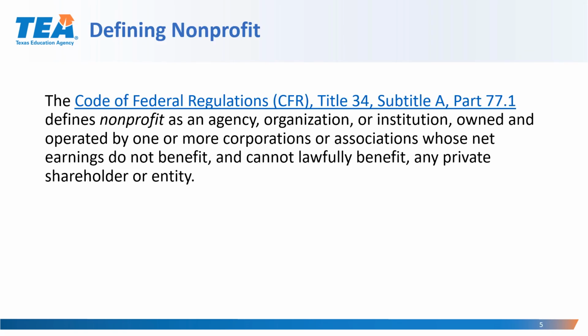First, in defining nonprofit, the Code of Federal Regulations, CFR, defines nonprofit as an agency, organization, or institution owned and operated by one or more corporations or associations whose net earnings do not benefit and cannot lawfully benefit any private shareholder or entity.